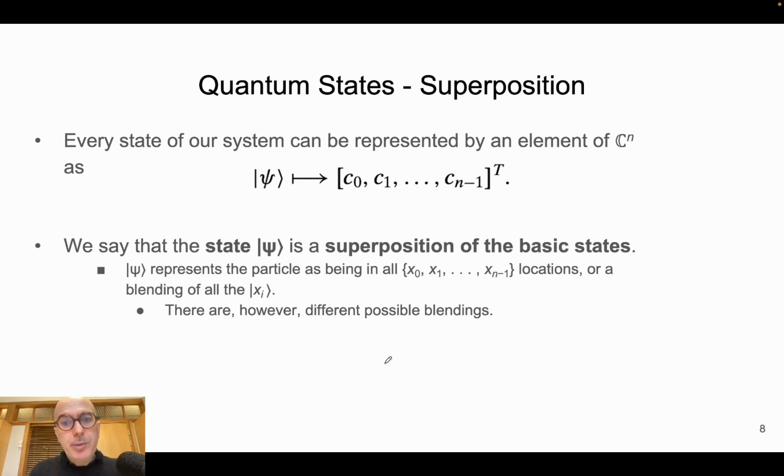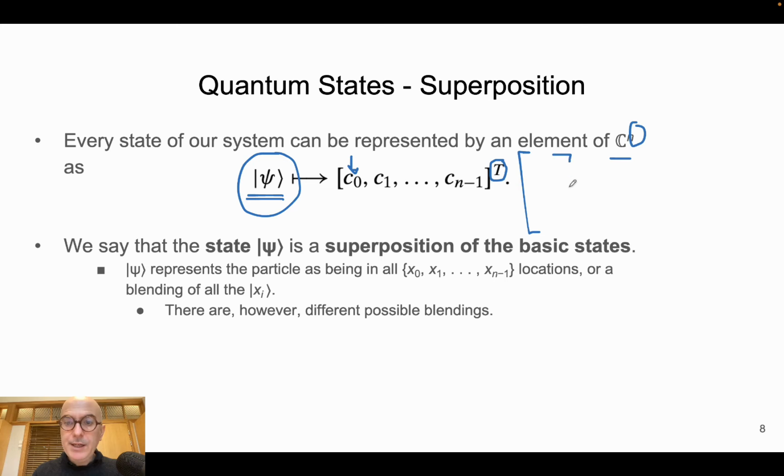We said in the previous slides that every state of our system can be represented by an element of the complex set of dimension n in the following way. We take our ket psi. This is a column vector where each element is a complex number. Notice here it is a column vector because there is a transpose.